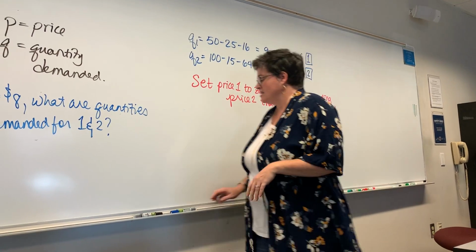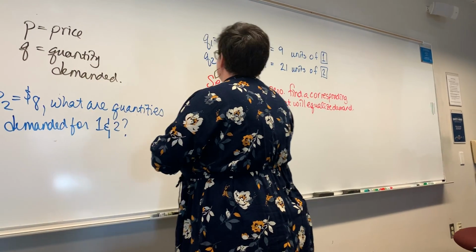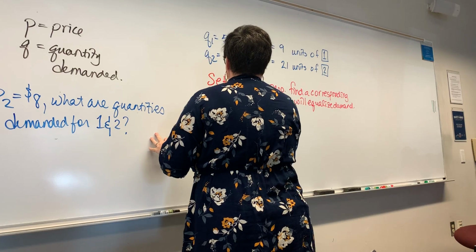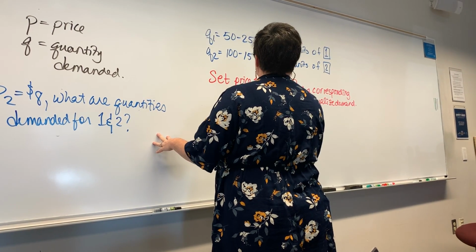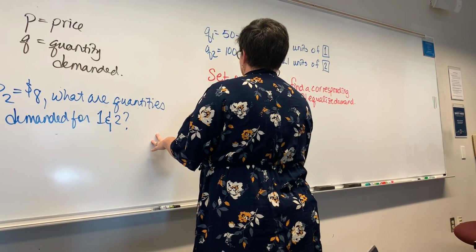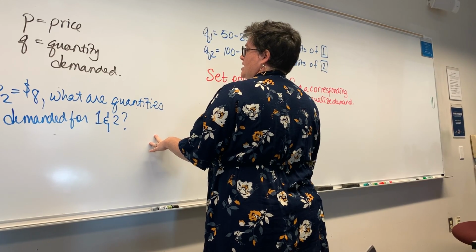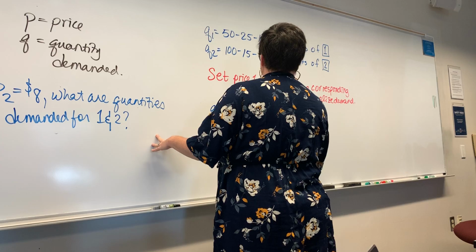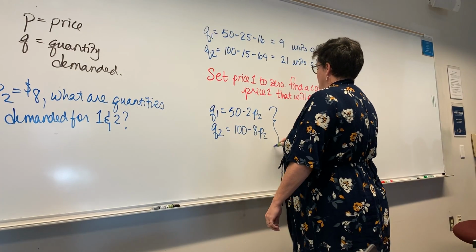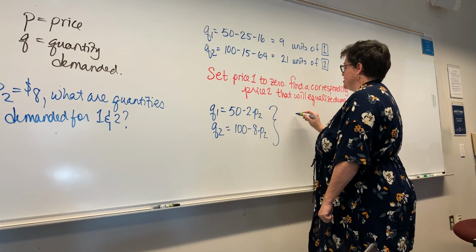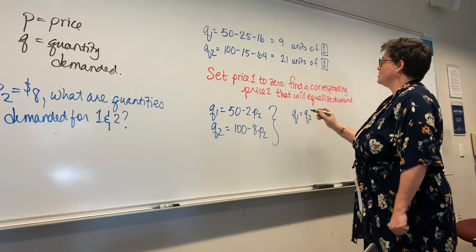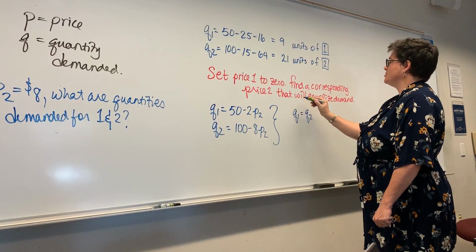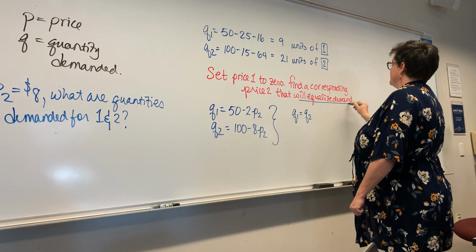So let's do that. So the first thing we're going to do is we're going to set P1 equal to 0. So now we have Q1 equals 50 minus 2P2, and Q2 equals 100 minus 8P2. Now we're going to set them equal to each other. Q1 equals Q2, because we're looking for prices that equalize demand.